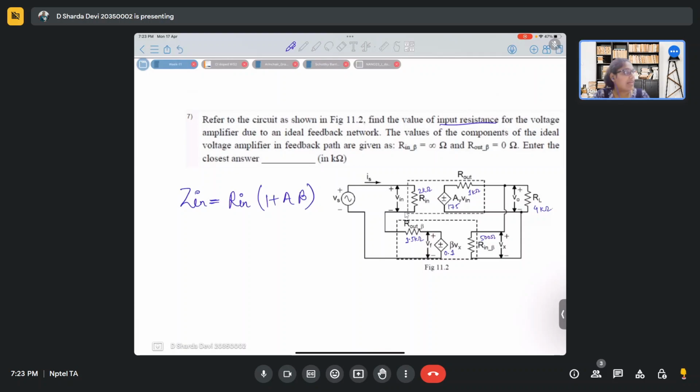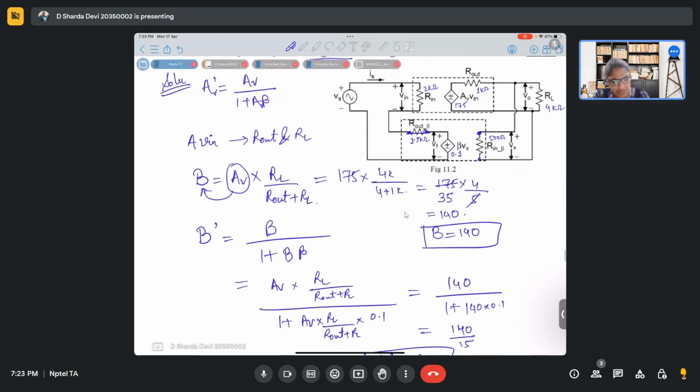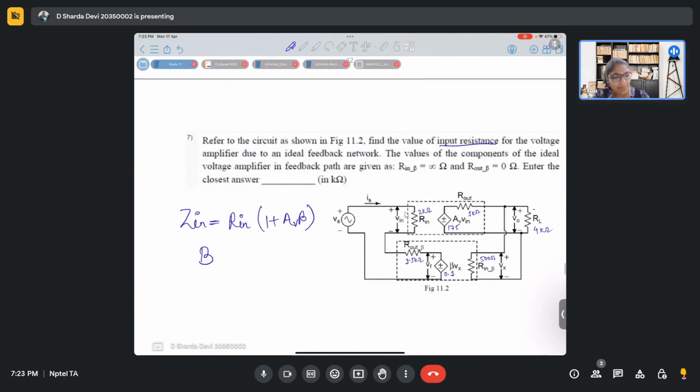The answer is no, because now we cannot use AV as it is, that is the source gain as it is. We have to see it across the load, right? So we'll always use A dash, or maybe B, what we named it, B. We'll always use B over here, because B is the gain that is appearing across the load, and that is the final gain that we are getting.